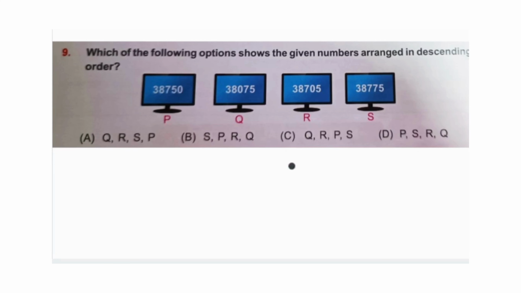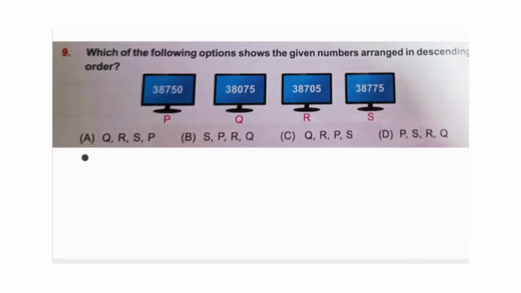So let's look at question number 9 from number sense. Here, the question is, which of the following options shows the given numbers arranged in descending order? Descending order means the largest number to the smallest number. Okay, so let's first write down the numbers.